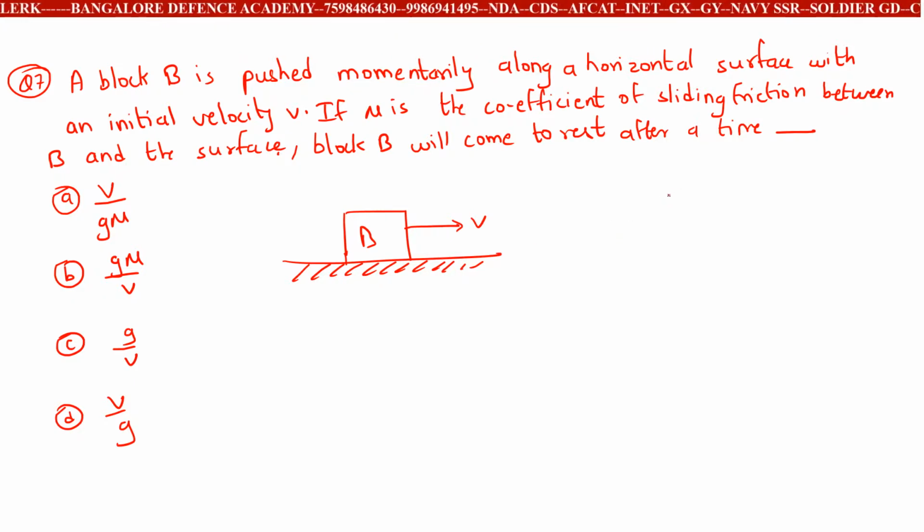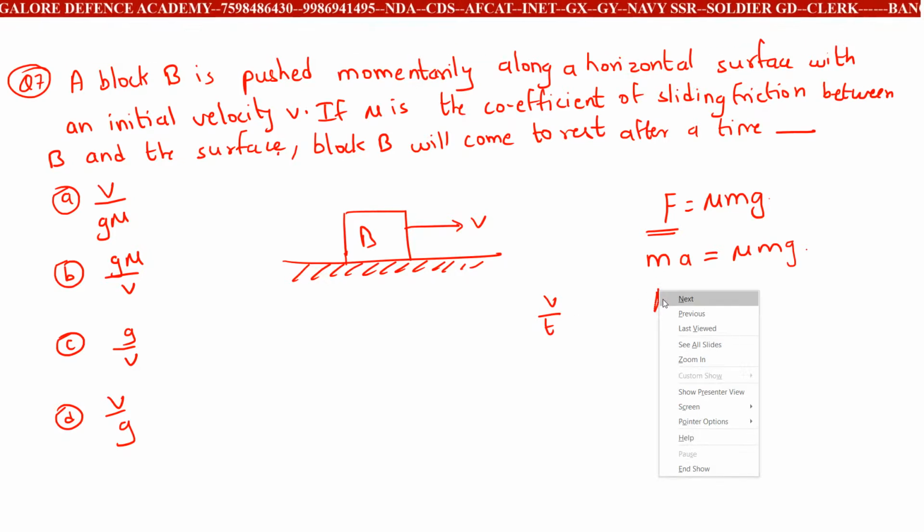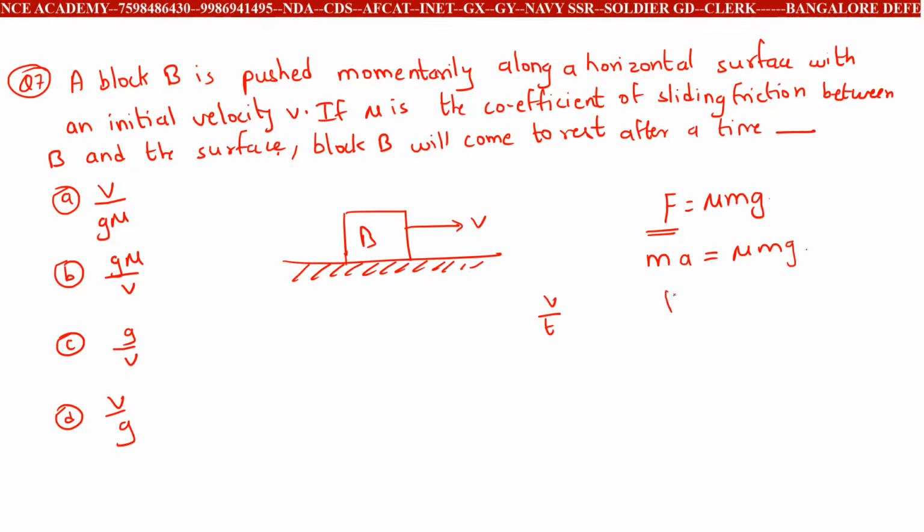Okay, let me give you the formula. We know F is equal to mu into mg, and from Newton's second law I know force is equal to mass into acceleration, that is mu into mg. And now I also know that acceleration is velocity by time. So mu mg is equal to m into v by t.